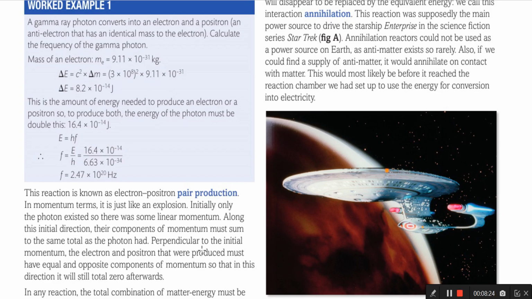Perpendicular to the initial momentum, the electron and positron that were produced must have equal and opposite components of momentum, so that in this direction it will still total zero afterward. So remember, pair production follows the conservation law of momentum. Clear?